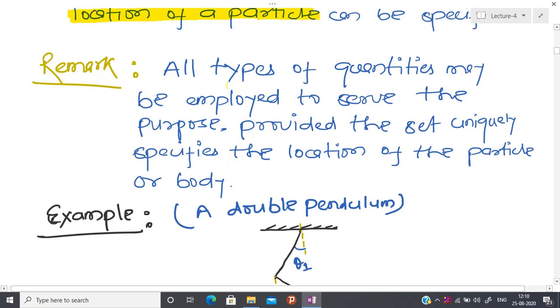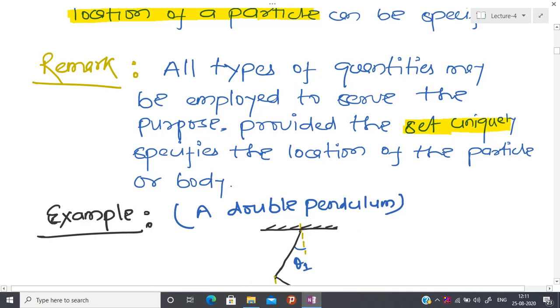This generalized coordinate system includes all types of quantities that may be employed to serve the purpose, but one of the most important things is that the set should be unique.